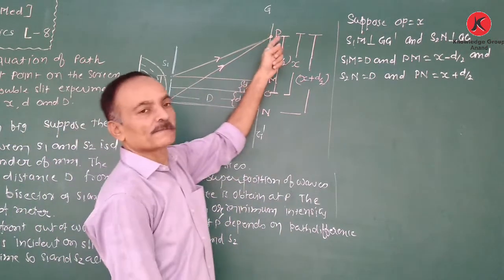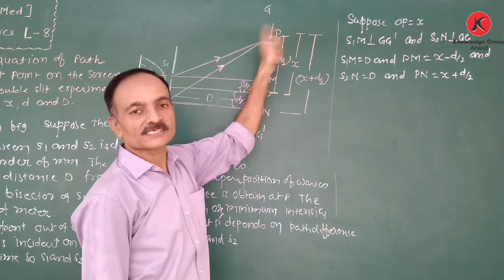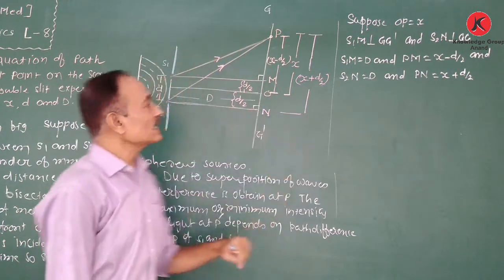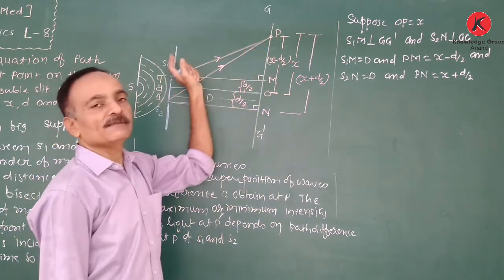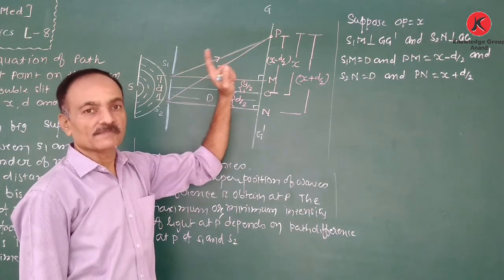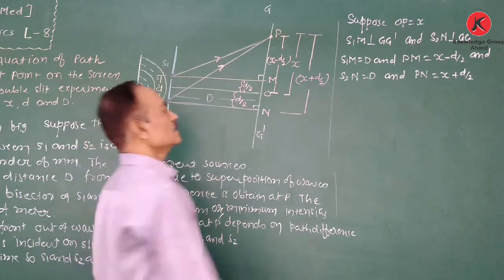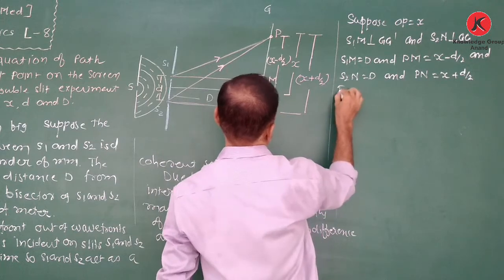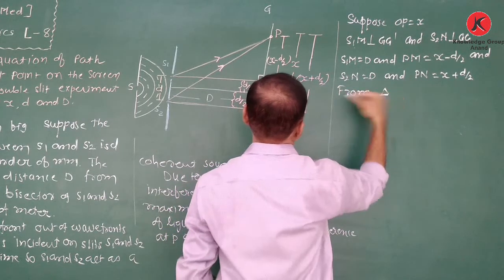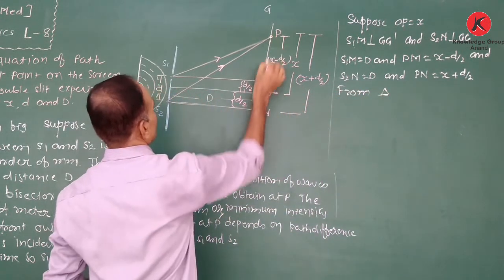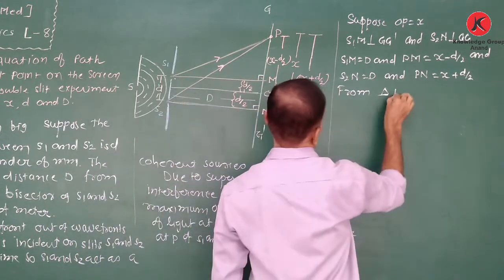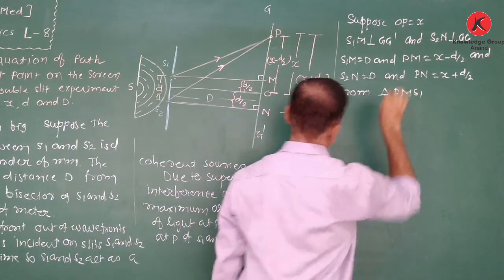We are interested to obtain the equation of the path difference at point P. Therefore, the path difference is S2P minus S1P required. Clear? For that purpose, we consider this triangle PMS1.